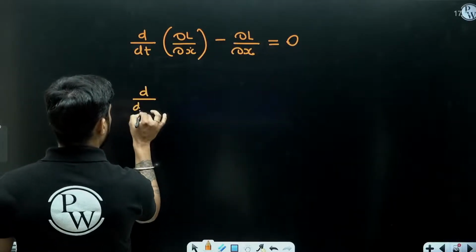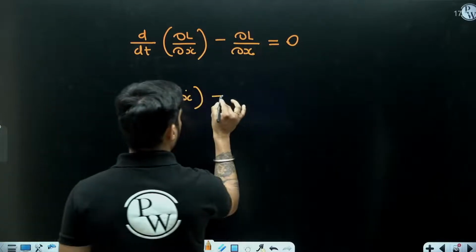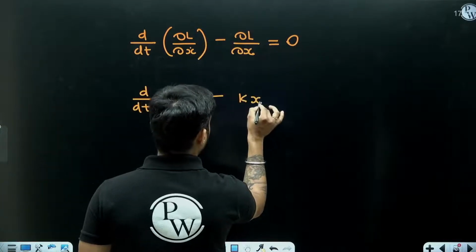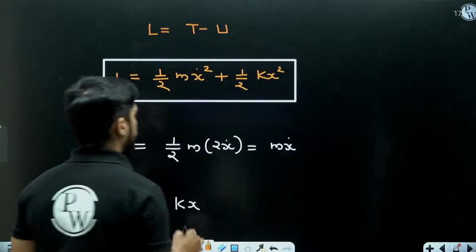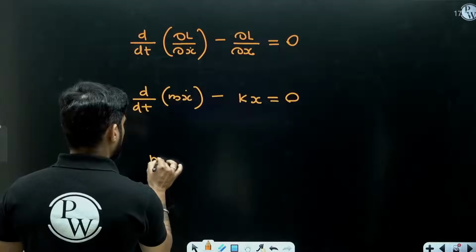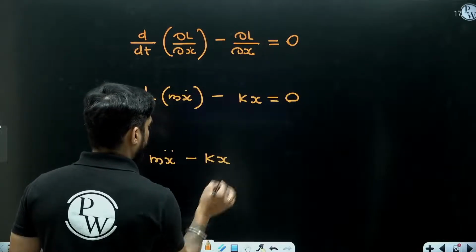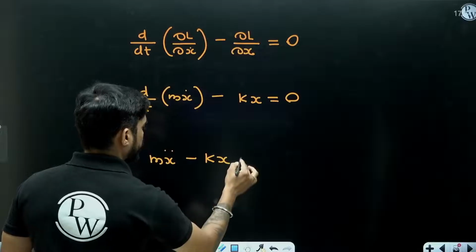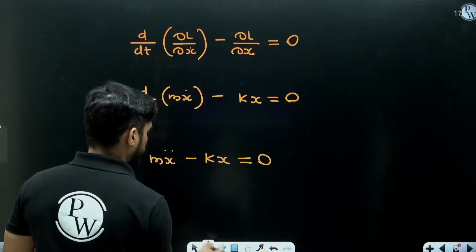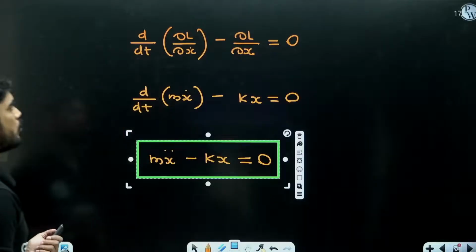So d by dt of mx dot minus kx equals 0. So it will become m x double dot minus kx equal to 0. This is the equation of motion.